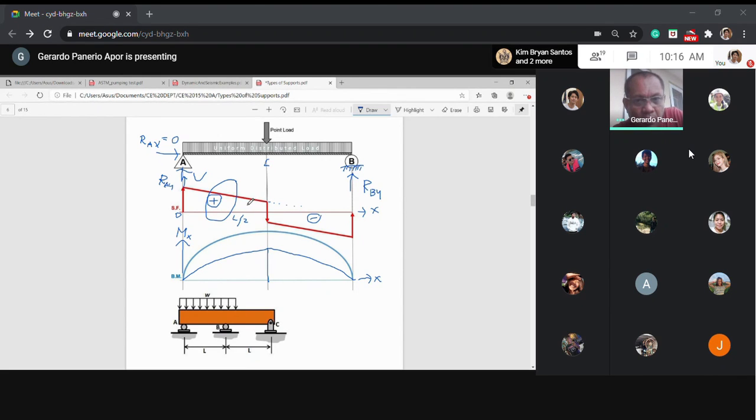Okay? If the shear diagram were rectangular, you could make it straight like that, meaning the rate stays the same. It is constant, like the money you receive every day. Say you get 10 pesos per day, and the length is 10 days.